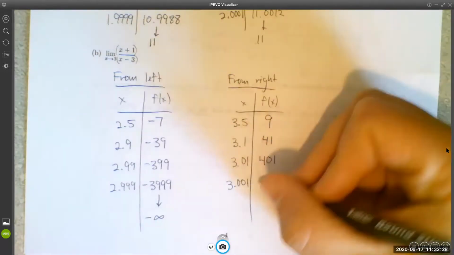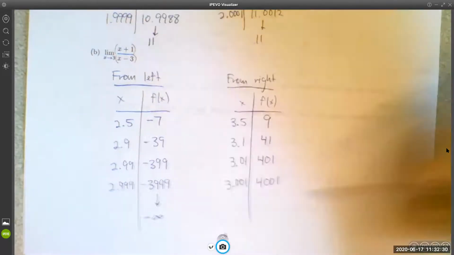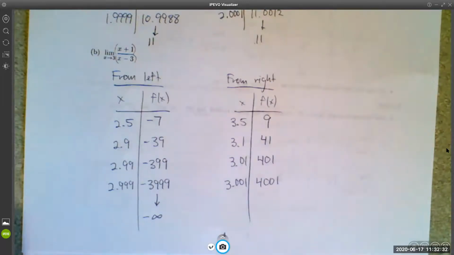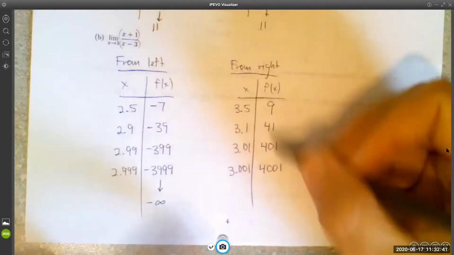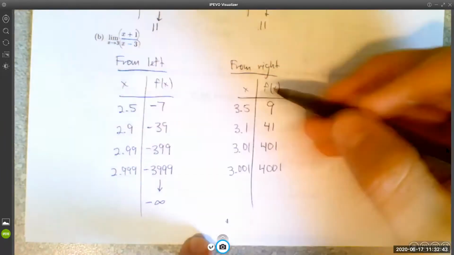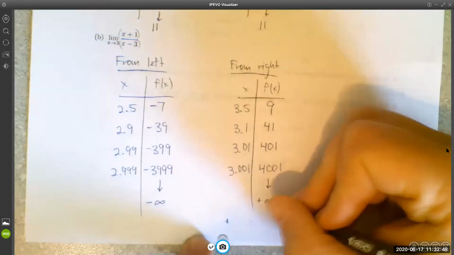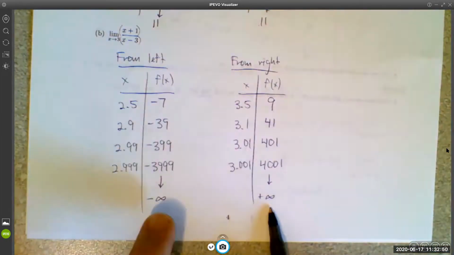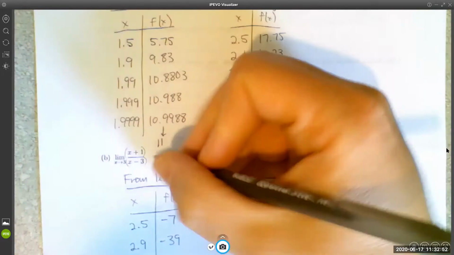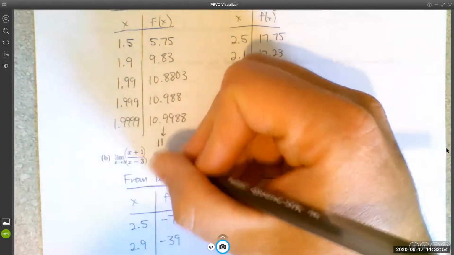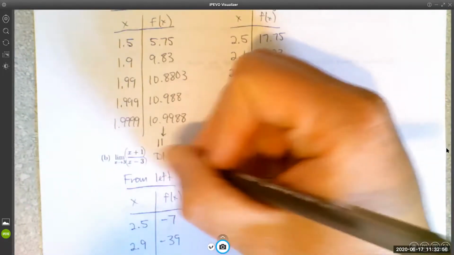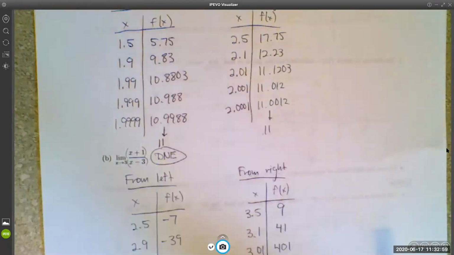Okay, so then I suspect this one's going to be 4001. Yeah, 4001. Anyway, whatever the case, it's clear that what's happening here is not the same thing as what happened there, right? What's happening here is that this is shooting off to positive infinity. And so since you're approaching two different values from either side, I think this limit does not exist. Okay.